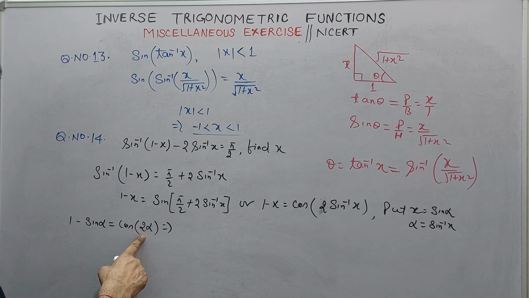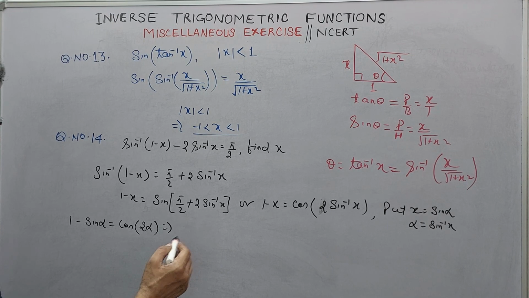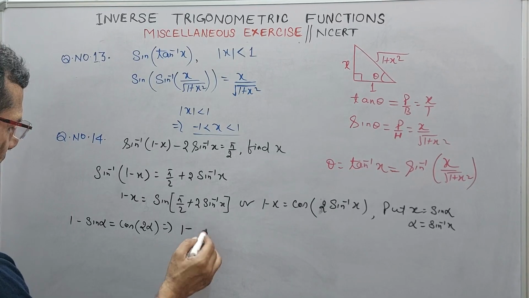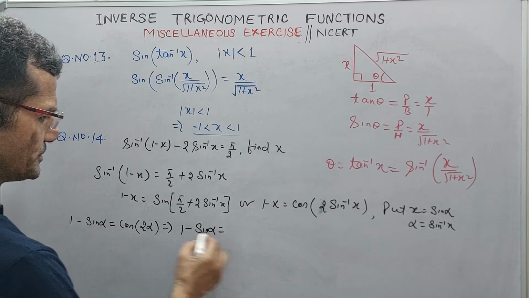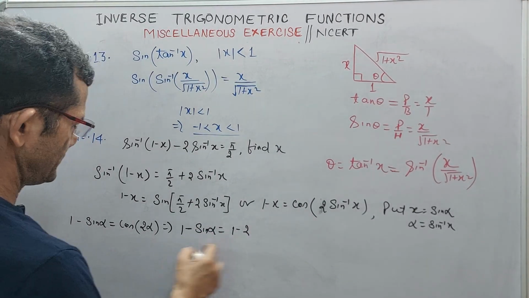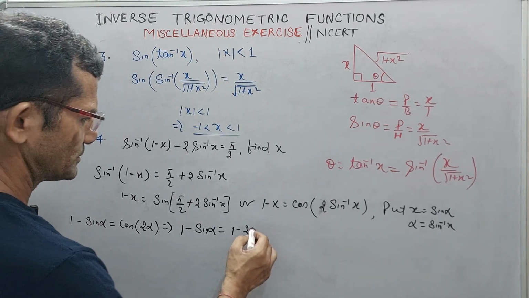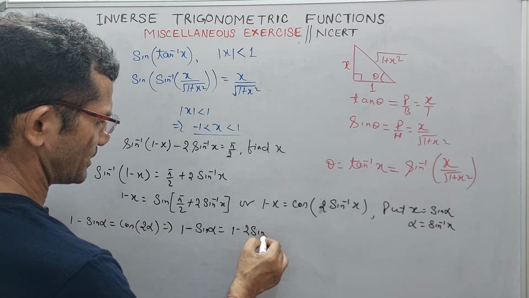Now using the formula of cos 2 alpha, so that in the expression all terms are constant and sin alpha, 1 minus sin alpha is equal to 1 minus 2 sin square alpha.